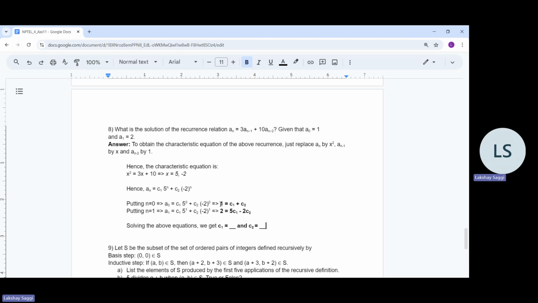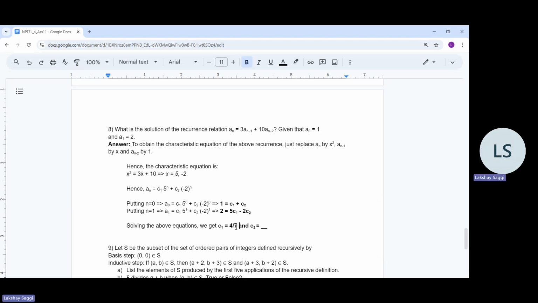So we multiply the first equation by 2. We get 2 equals 2C1 plus 2C2, and then add these two equations. Then we obtain 4 equals 7C1, as the 2C2 and minus 2C2 cancel. So we obtain C1 as 4 by 7.